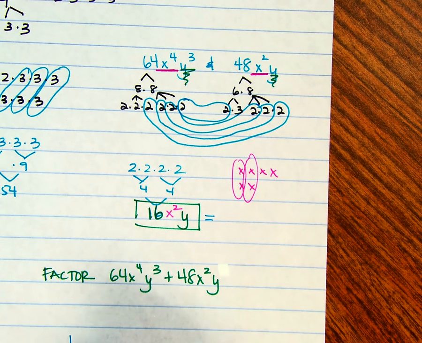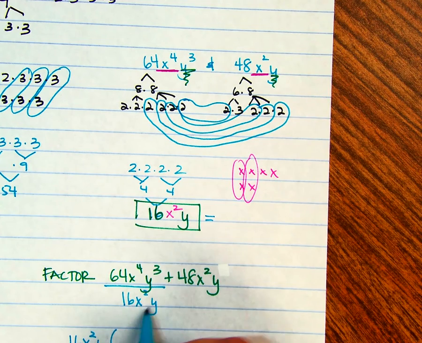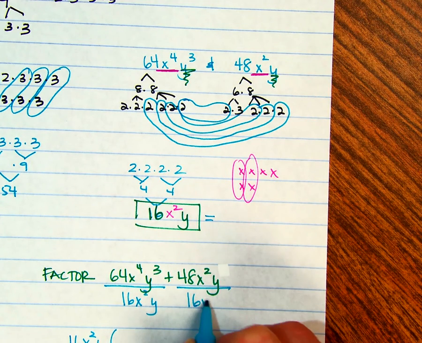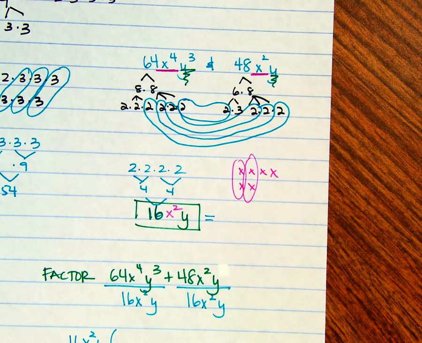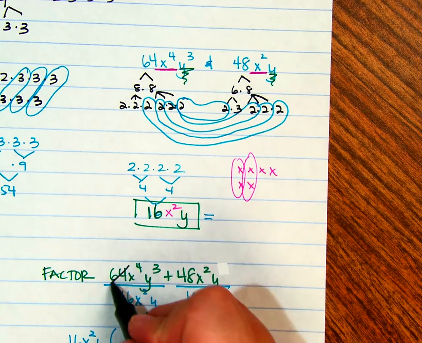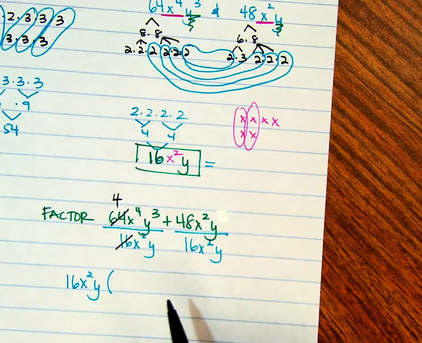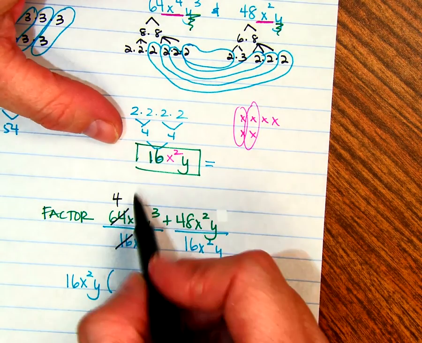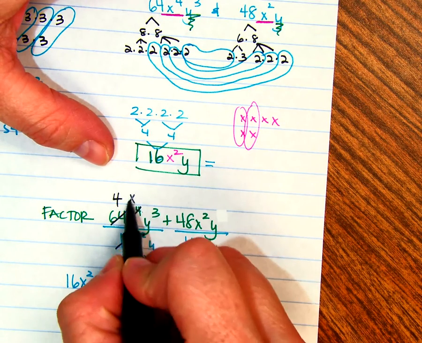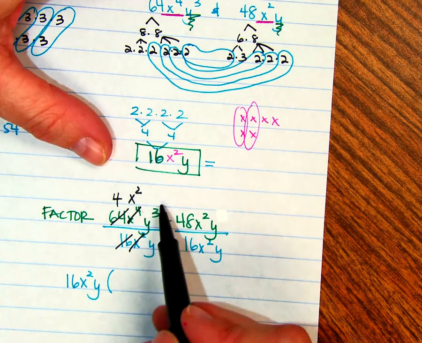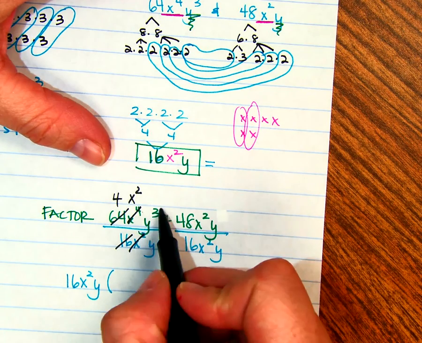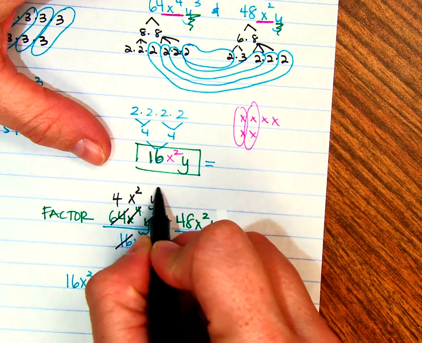I take out my GCF and figure out what I have left. So 64 divided by 16 is 4. I have 4 x's on top, 2 on the bottom. Leaves me 2. 3 y's on top, 1 y on the bottom. Leaves me 2 on the top.